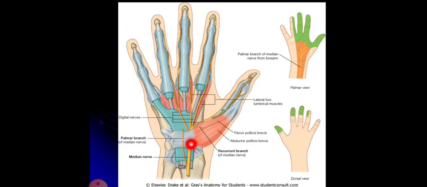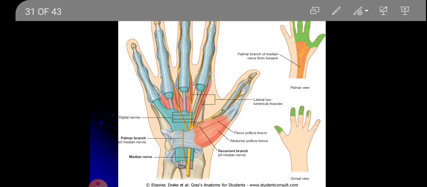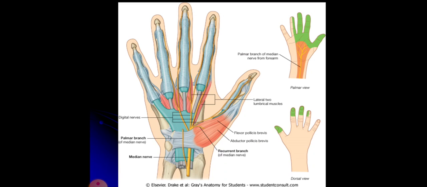Okay, this is the median nerve. The median nerve in the forearm gives rise to the palmar branch. This palmar branch supplies the central part of the palm and then passes through the flexor retinaculum and gives rise to the recurrent branch. This recurrent branch supplies the thenar muscles except the adductor pollicis and then divides into digital nerves.